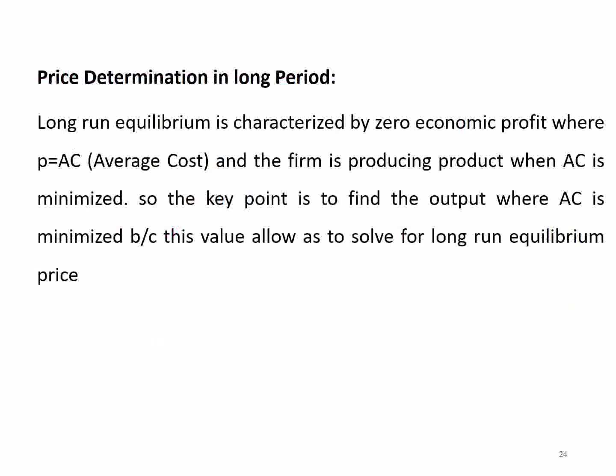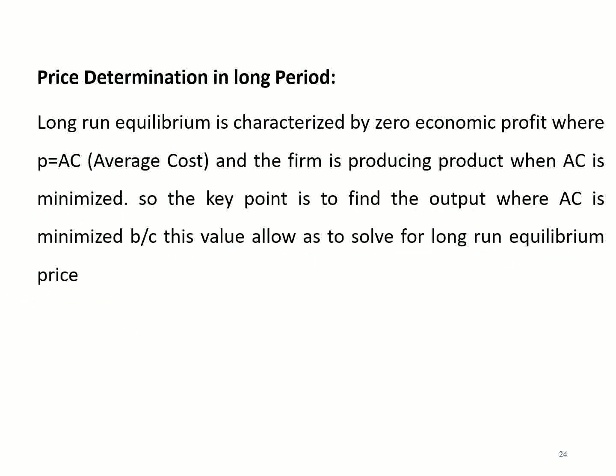Let's add some pointers about the price determination in the long run. Long run equilibrium is characterized by zero economic profit, where price equals average cost. Price should cover at least the average cost, and the firm is producing when average cost is minimized. So the key point is to find the output where average cost is minimized, because this value allows us to solve for long run equilibrium price.